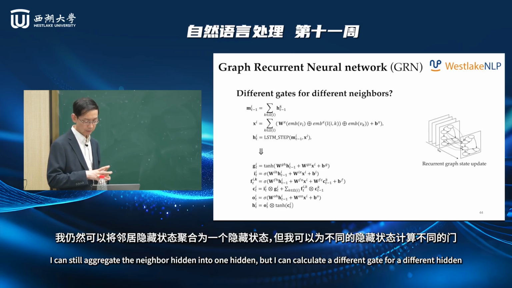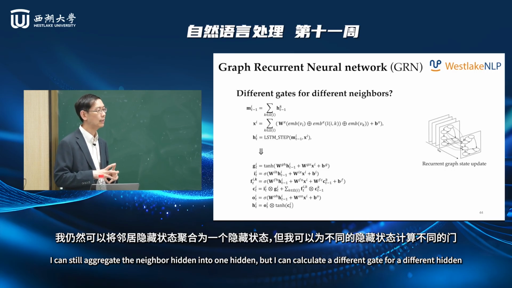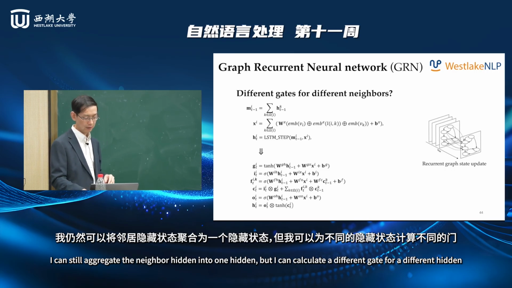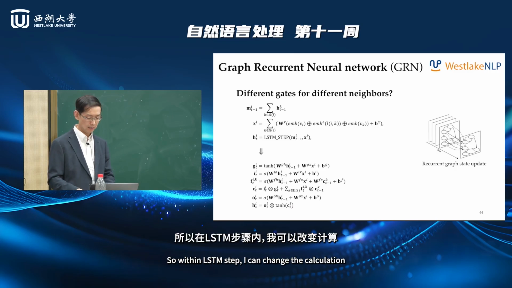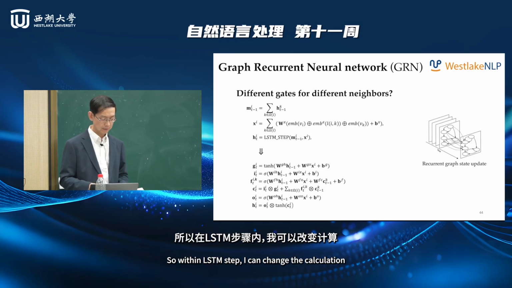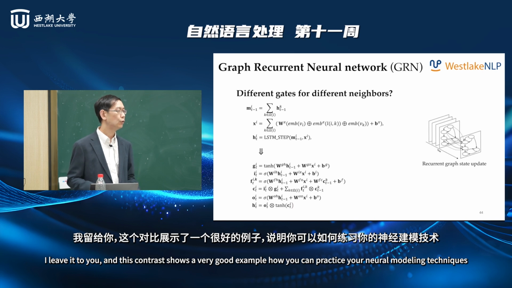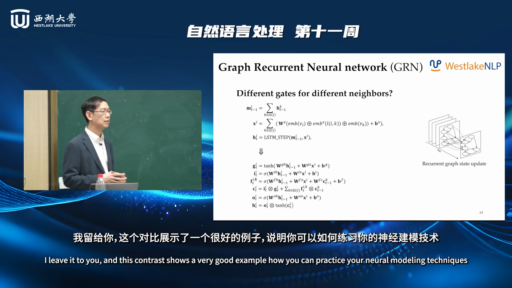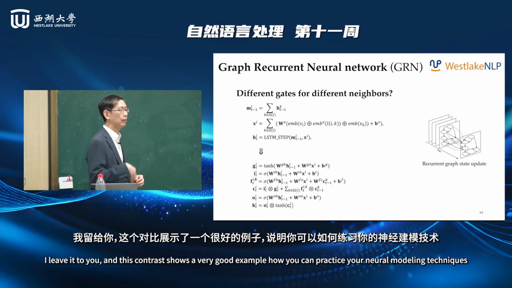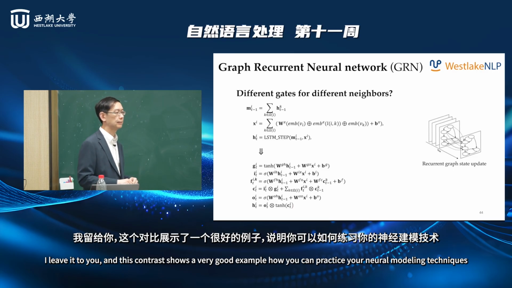I can still aggregate the neighbor hidden into one hidden, but I can calculate a different gate for different hidden. So within LSTM step, I can change the calculation. All right. Are there more variants? I leave it to you. And this contrast shows a very good example how you can practice your neural modeling techniques.